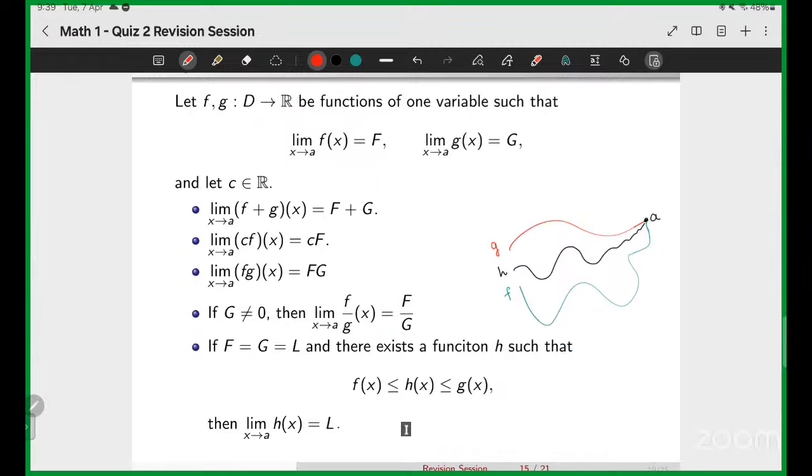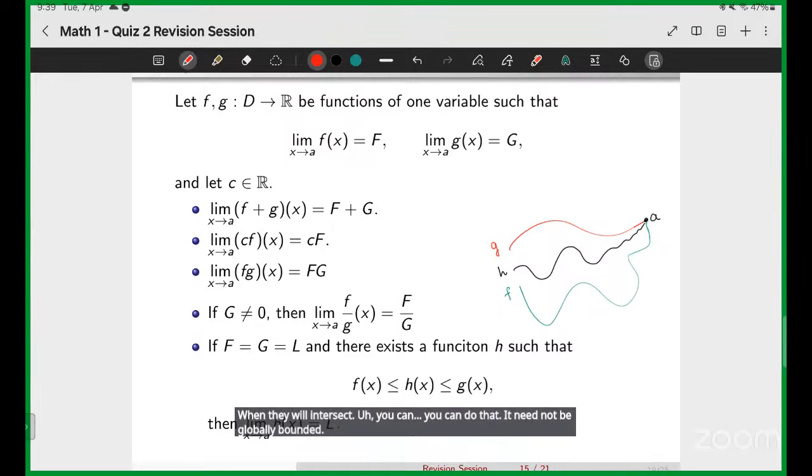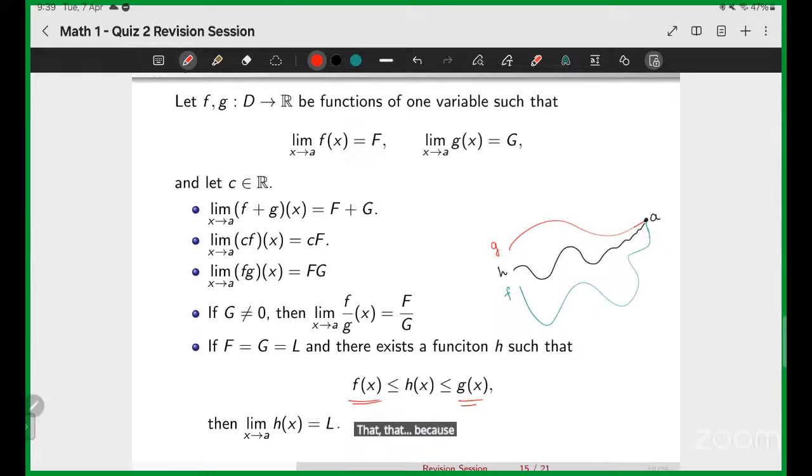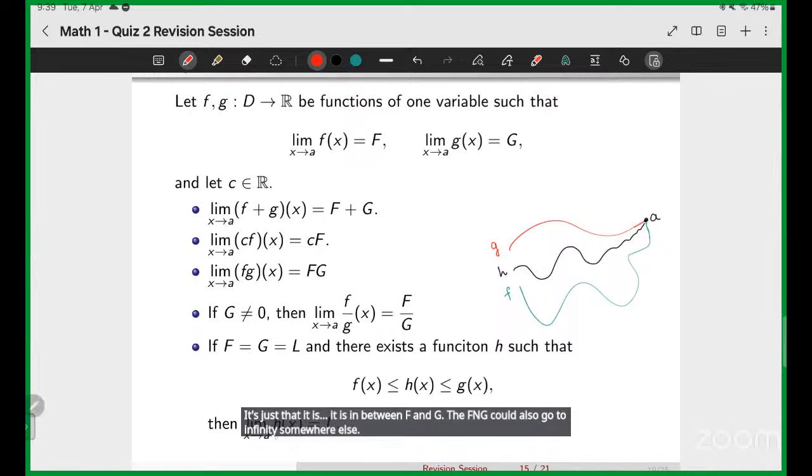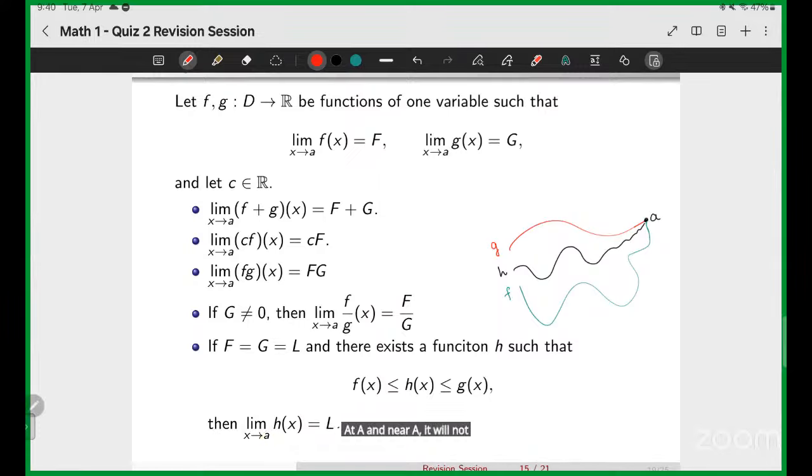I can't come up with an example immediately. Would polynomials work, probably something like x squared, x cubed, x to the 4? But they will intersect. It need not be globally bounded. Why should this be bounded? It's just that it is in between f and g. The f and g could also go to infinity somewhere else. At a and near a, it will not. These all three will be bounded.